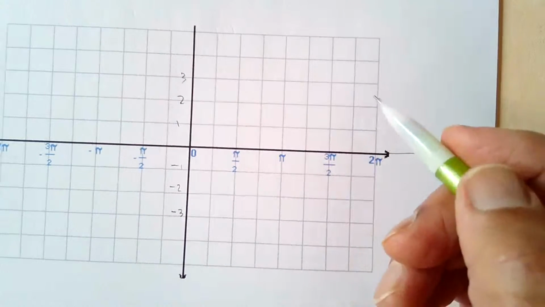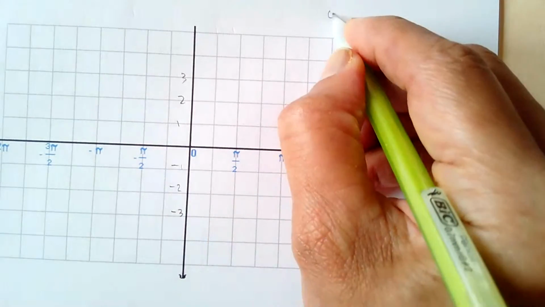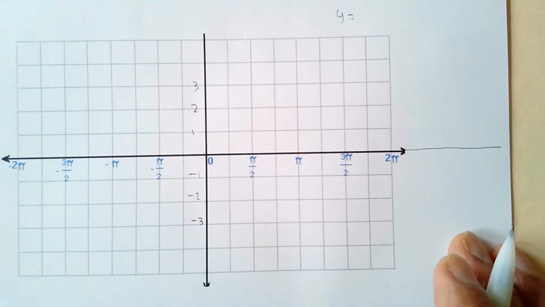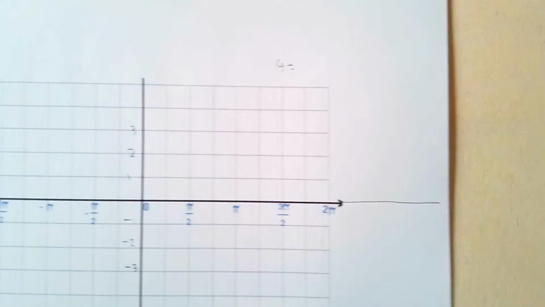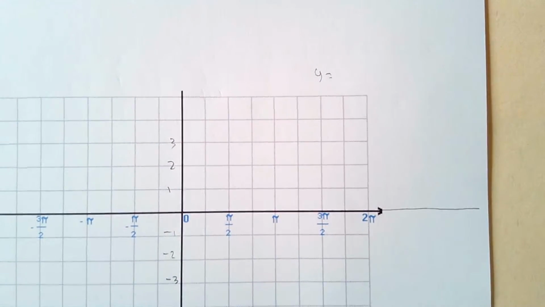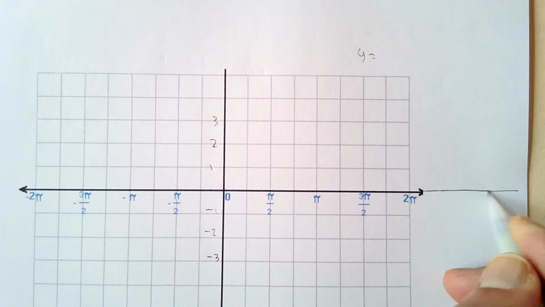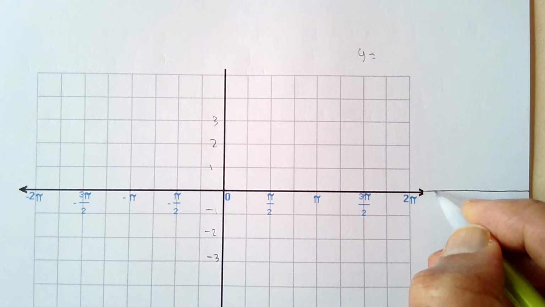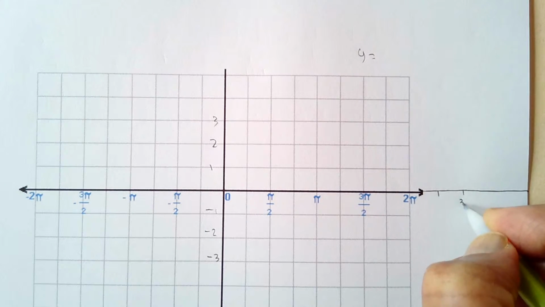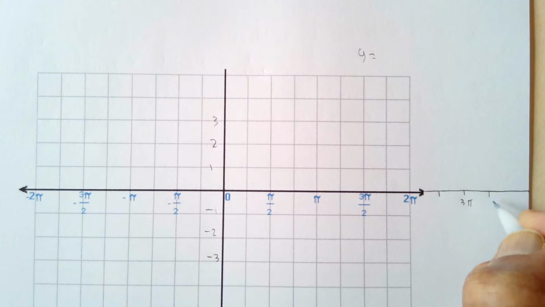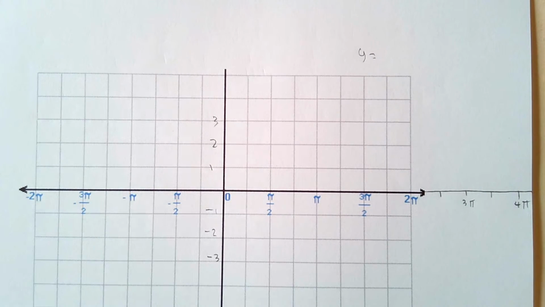First of all, let's sketch a graph y equals sine. Sketch that first. I have to extend here. We have 2.5 pi, 3 pi, 3.5, 4 pi. Right there.